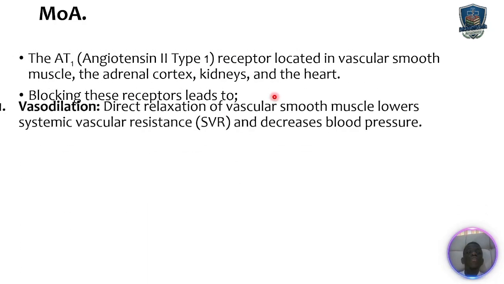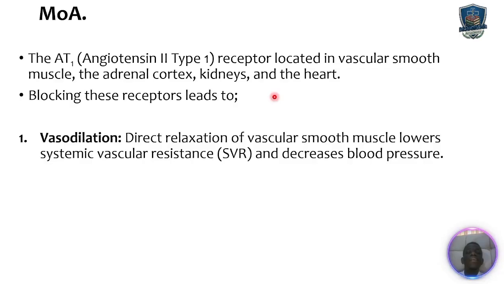So once you block these receptors, this will lead to, number one, vasodilation. There will be direct relaxation of vascular smooth muscles, and this leads to a decreased SVR, which leads to a decreased blood pressure. It may also lead to a decreased preload when it leads to vasodilation in the veins.